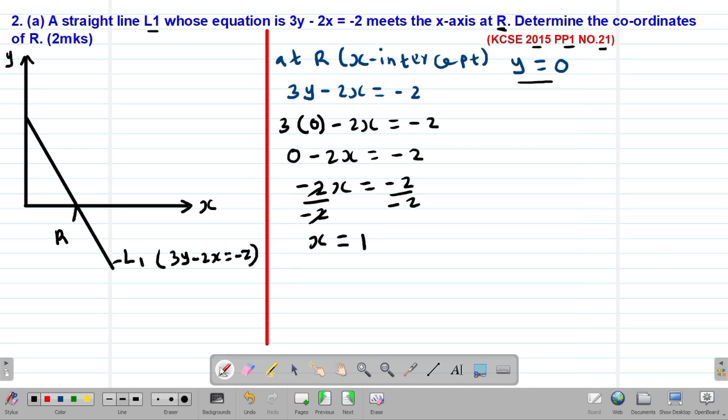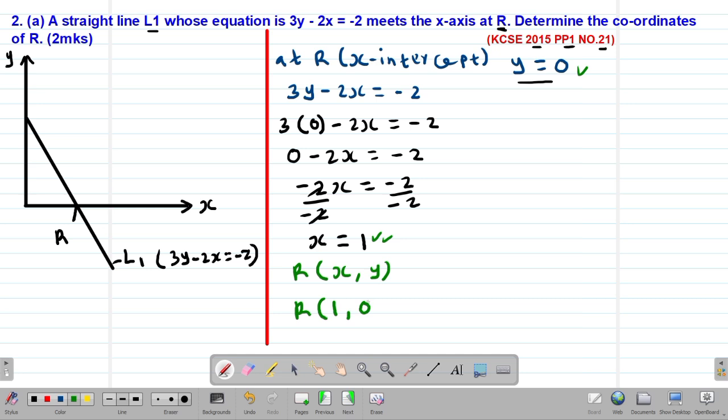Any given point has its coordinates given in the form x, comma y. So for point R, in 2 dimensions, my x coordinate is 1, whereas the y coordinate is 0.